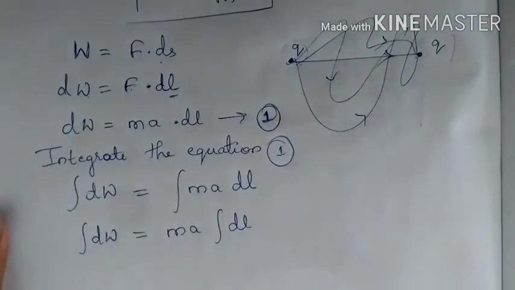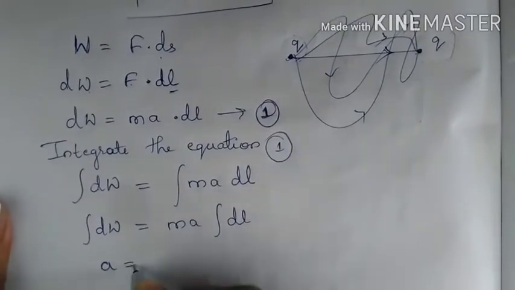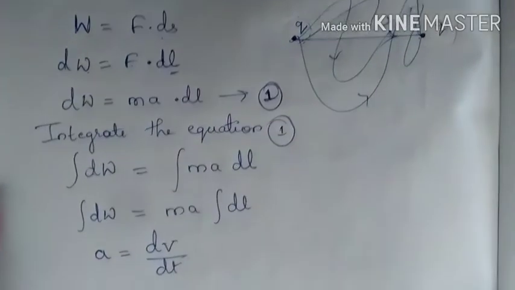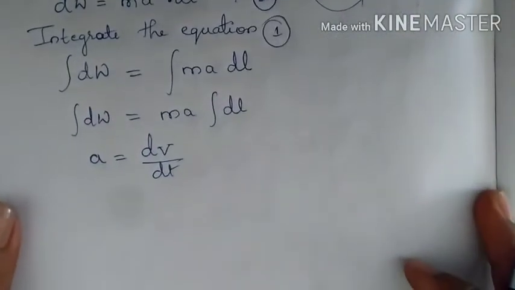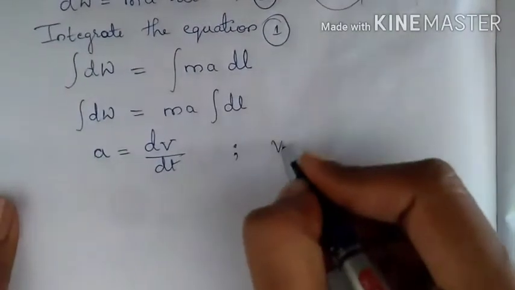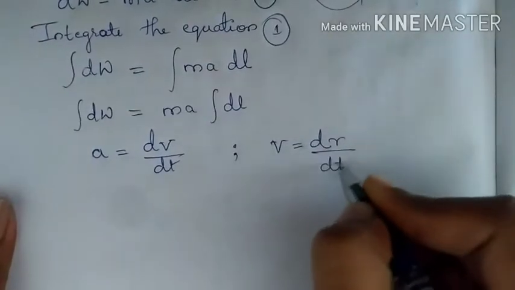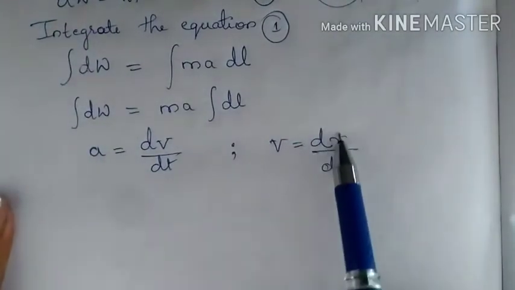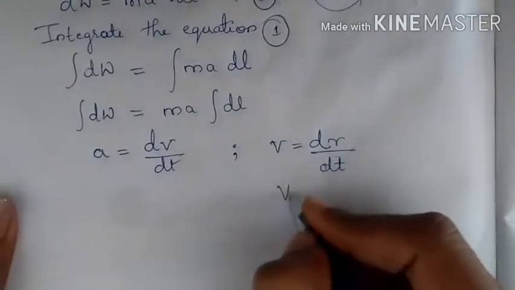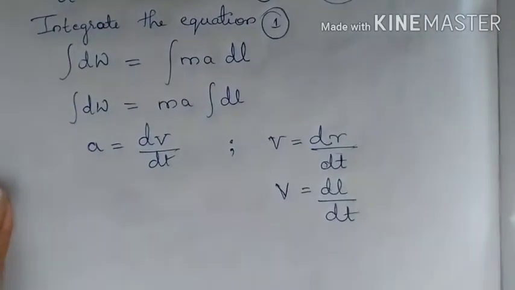So we can write A as the rate of change of velocity with respect to time. And we know that velocity is the rate of change of displacement with respect to time. But here the displacement we have taken as L. So I can write V is equal to dl by dt.